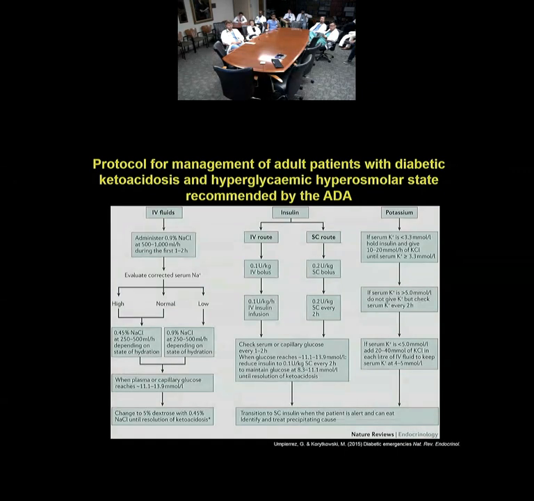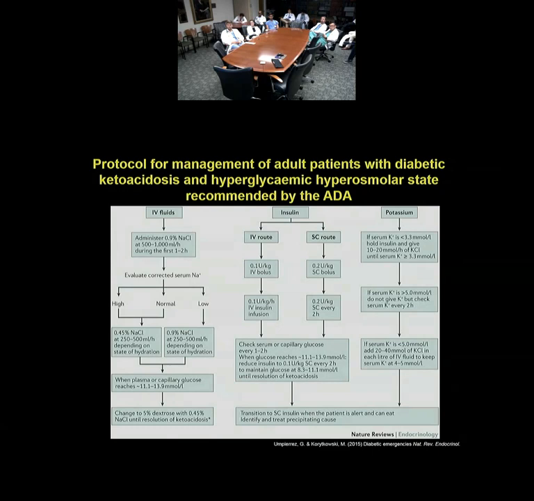So again, when you have an insulin drip, you check the glucose every 1 or 2 hours, and then when it reaches the 250-300 range, you reduce the insulin drip to maintain the glucose around 200 until resolution of ketoacidosis, because remember, you need insulin to metabolize all these acids.